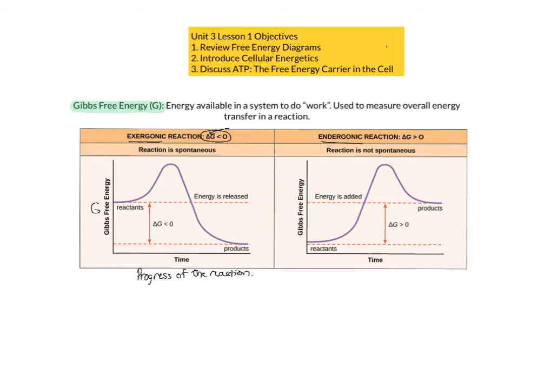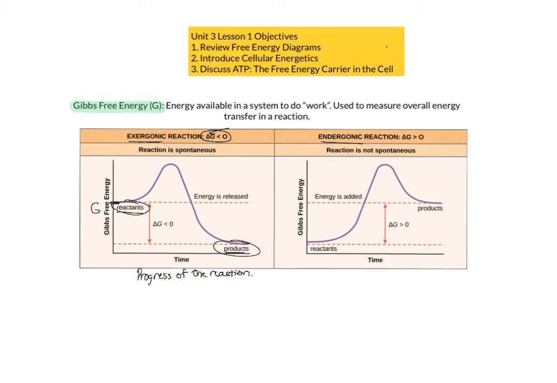And so we know that for every reaction, we start with reactants and we end with products. Now, you can notice a couple things from this line that's drawn. The first is that the reactants actually have a higher amount of free energy than the products. So that's the first key thing about exergonic reactions.